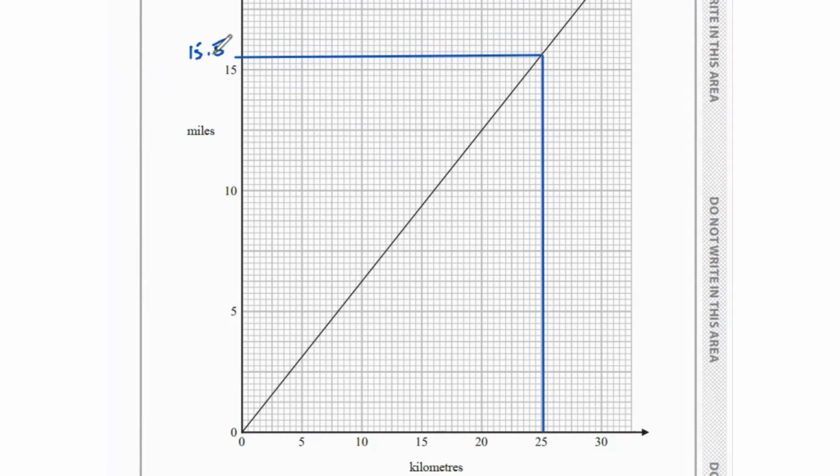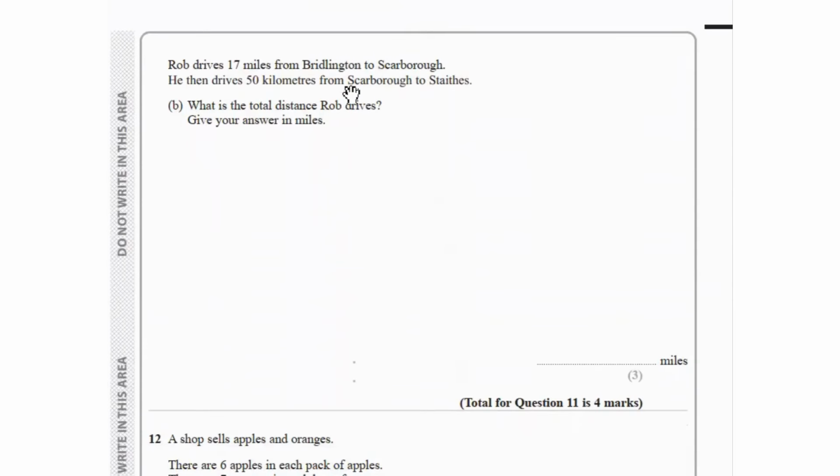So we can just multiply 15.5 by 2, and then we can add 17 for the total distance, because he's taking 17 miles from Bridlington to Scarborough. So total distance is going to be 15.5 times 2 plus 17.